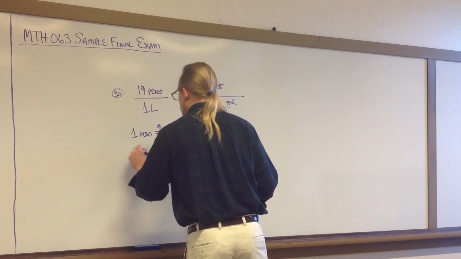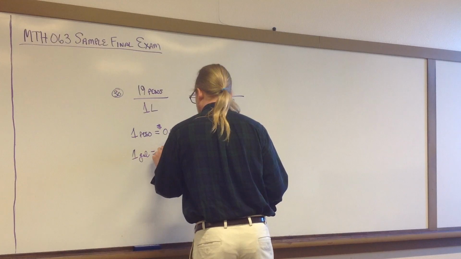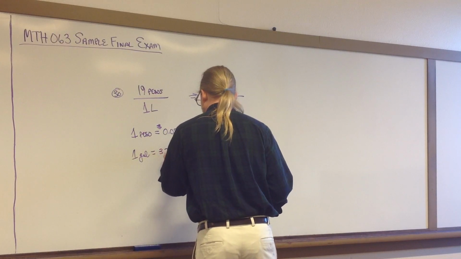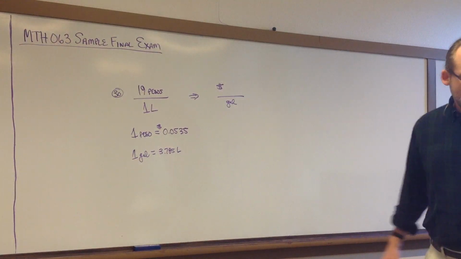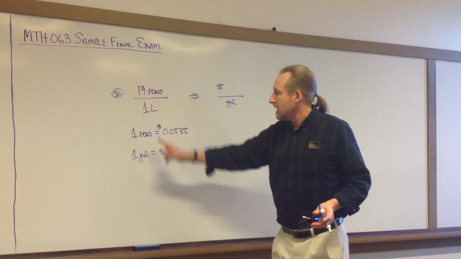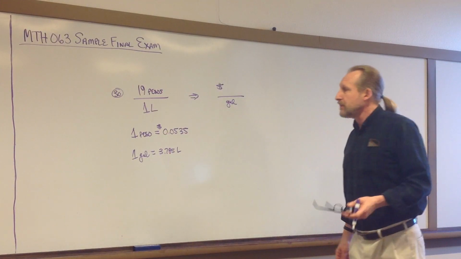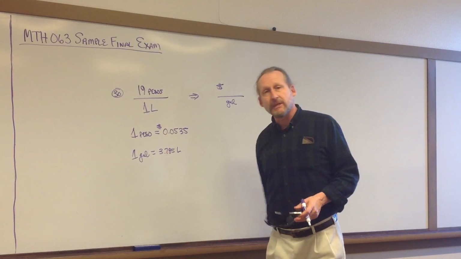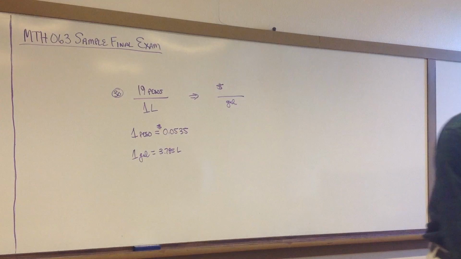We know that 1 gallon equals 3.785 liters. Well, one thing I could do here would be to multiply this 19 times 3.785. What that would tell me is how many pesos it takes to buy a gallon of gasoline. Okay? So that's one way to go about doing this.